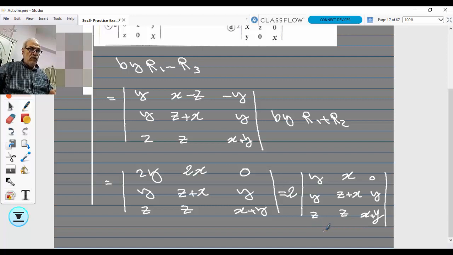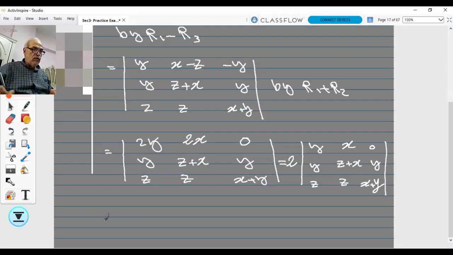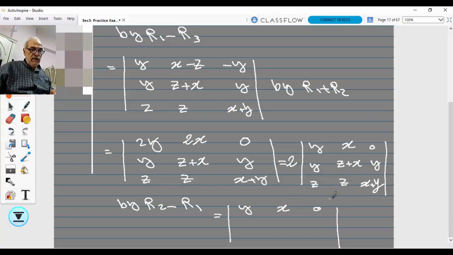Okay, so by r2 minus r1. So we keep r1: y, x, 0, and the change will be in r2 again by subtracting r1 from r2.